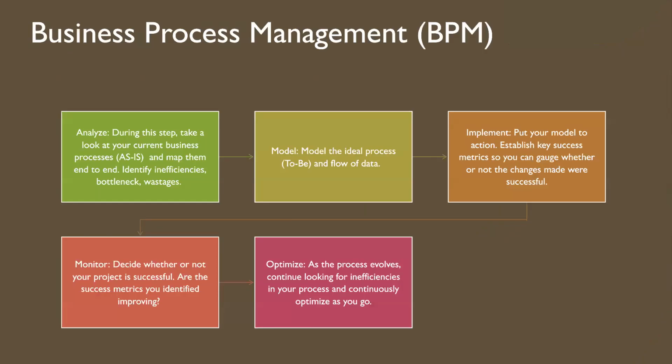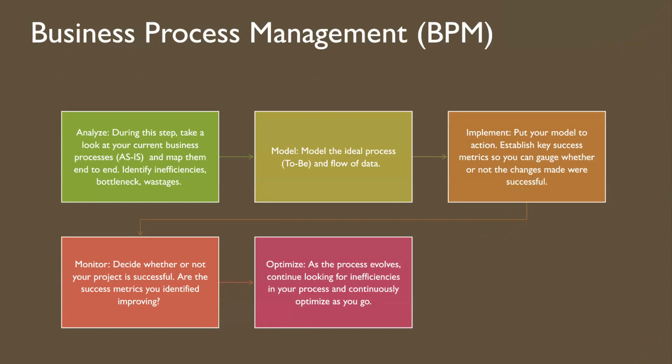Now, there are different methods that are used in business process improvement. We have Six Sigma, we have the Lean process, we have the quality process using Toyota, and many other processes.